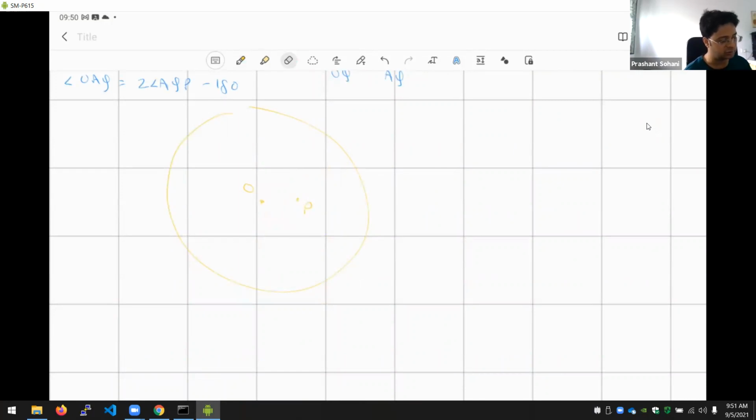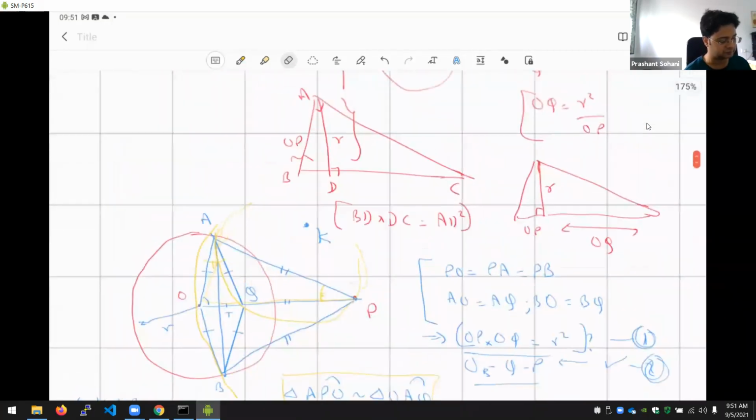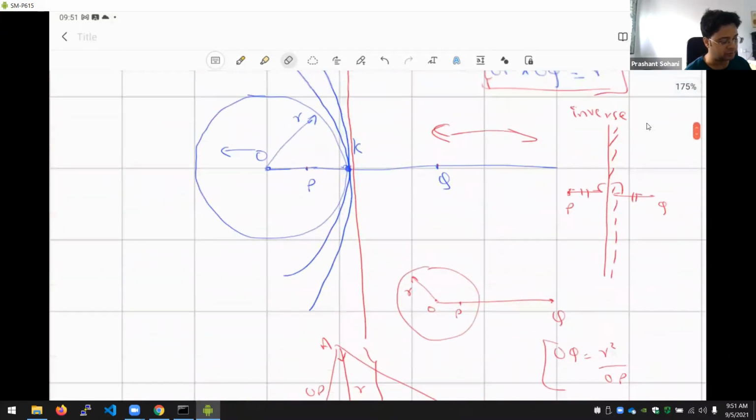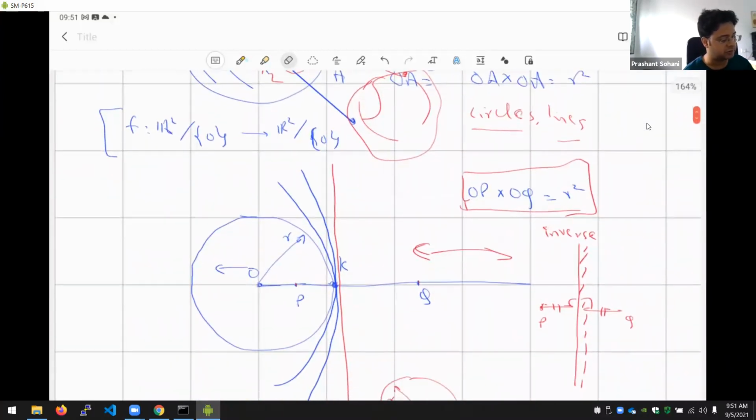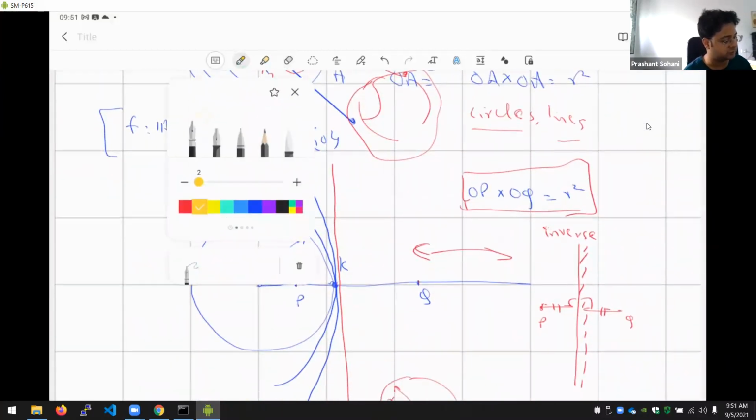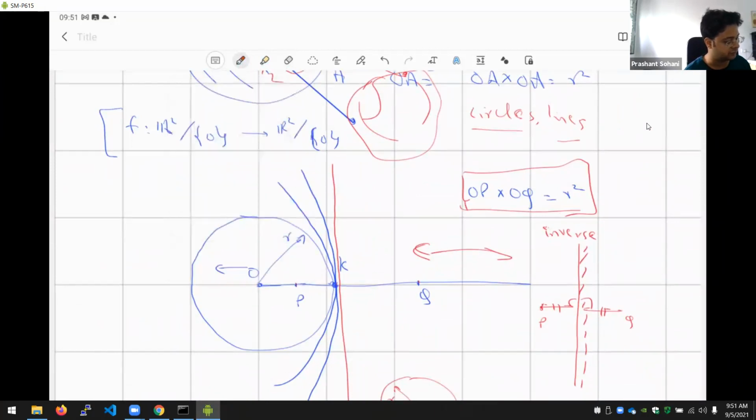One thing you will notice is that as per the definition of inversion, if point Q is here, its inverse is here. Suppose you double the distance of point Q. So you take the point Q twice as far, let's say Q dash.